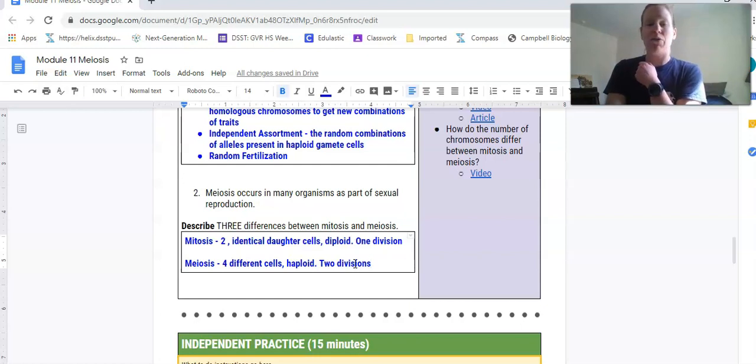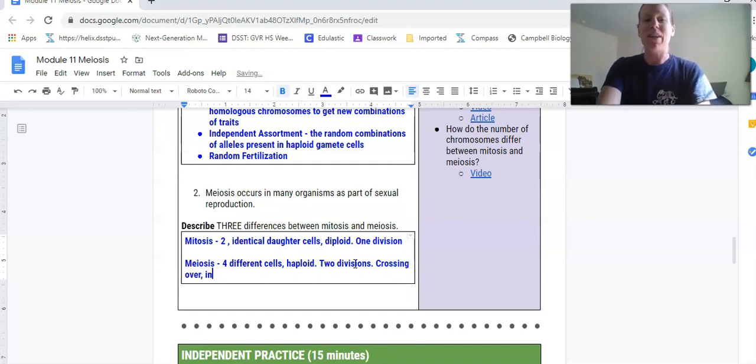What other things can you talk about? Well, in meiosis, we talked about crossing over and independent assortment, because those both happen in meiosis, but do not happen in mitosis. There's none of that in mitosis, because they do not have the swap of crossing over of homologous chromosomes. And then finally, what is the purpose of each? Yell it out. What's the purpose of mitosis?